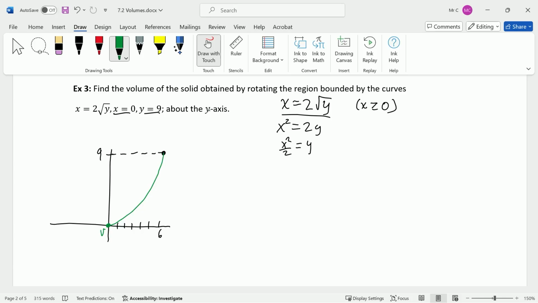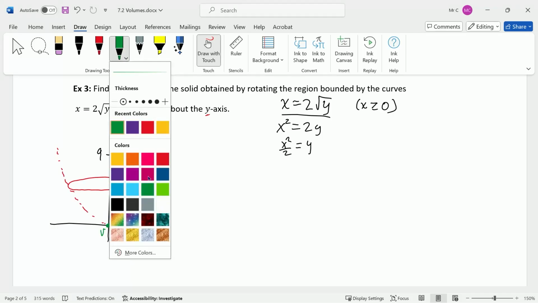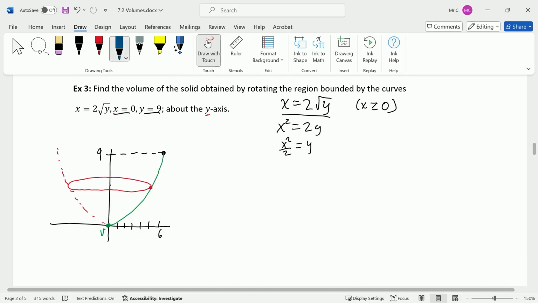And now we're rotating about the y-axis. So imagine, let's draw a mirror image of our graph here. And you're rotating around that graph and it's forming a circle in 3D space. But the trick here is, what is the radius?